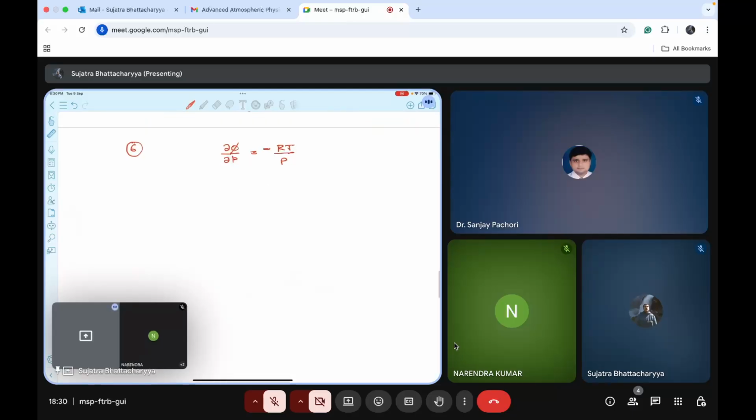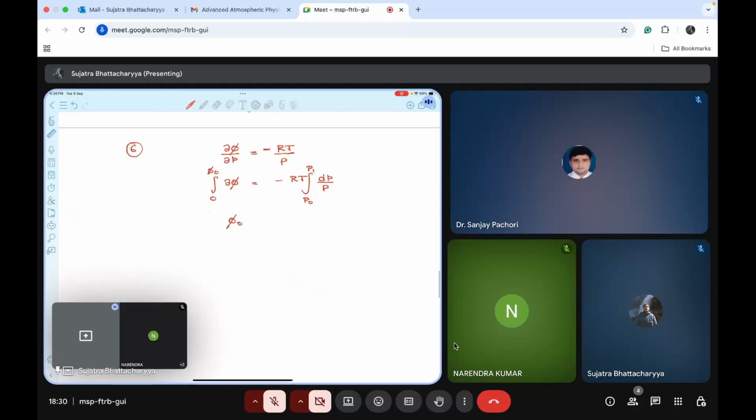Now, if you take delta phi here and put minus RT dP by P on the other side, and let us say that phi starts from 0, that is from the surface, to some height phi naught, and pressure goes from P at 0 to some P at 1. What do you get?